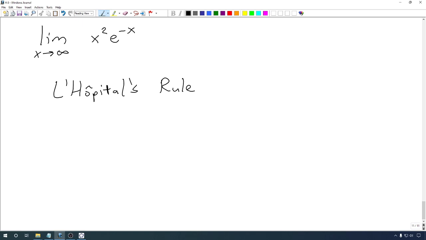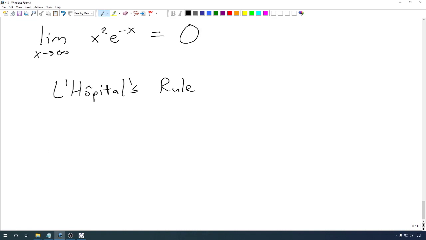Just be aware that it is a rule that helps with taking limits. Specifically limits where we're dealing with one of our indeterminate forms. And it actually does require us to know stuff about derivatives to use it. But using that rule, we can actually show that this turns out to be 0.